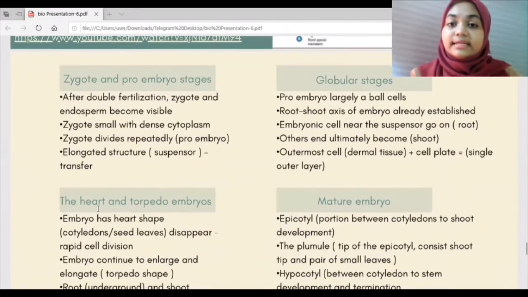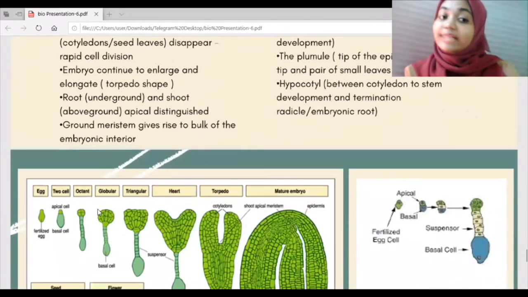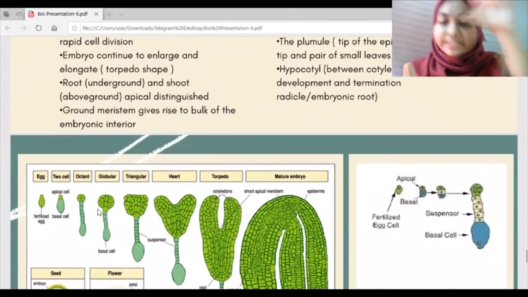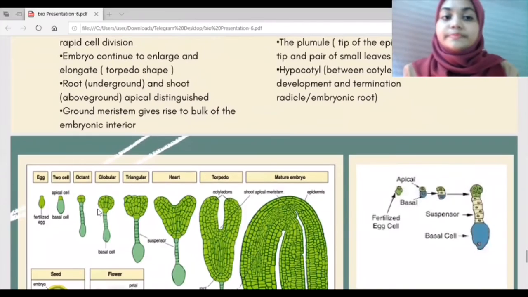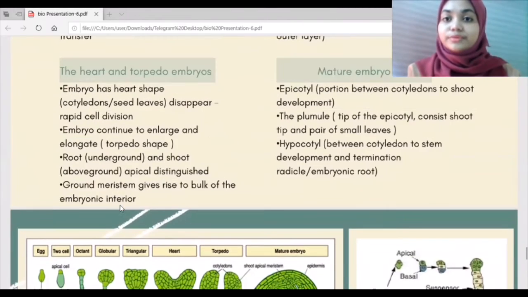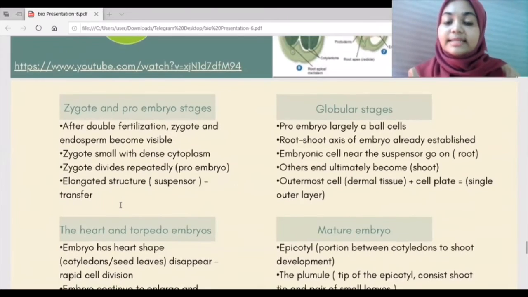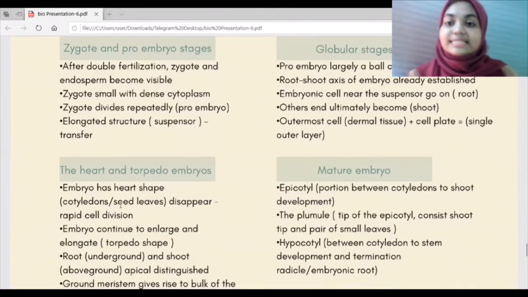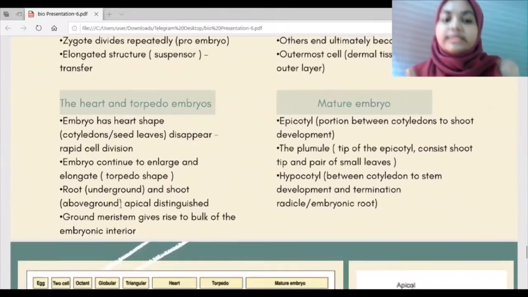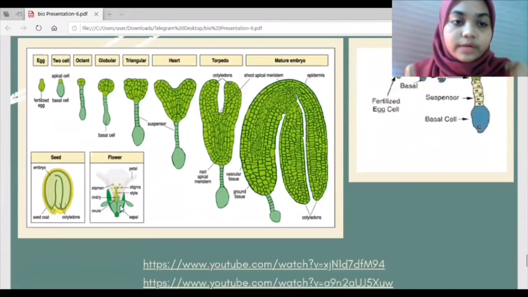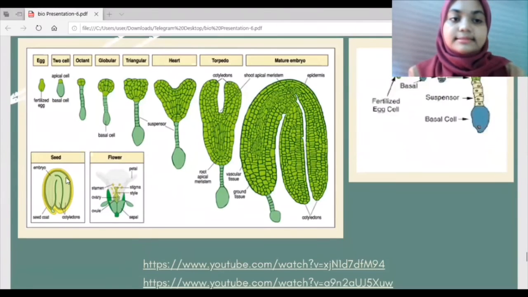The other one, the upper one, the ball of cells, will become the shoot. And then the outer cells, the dermal tissue, plus cell plate will become a single outer layer, this one, the outer layer.